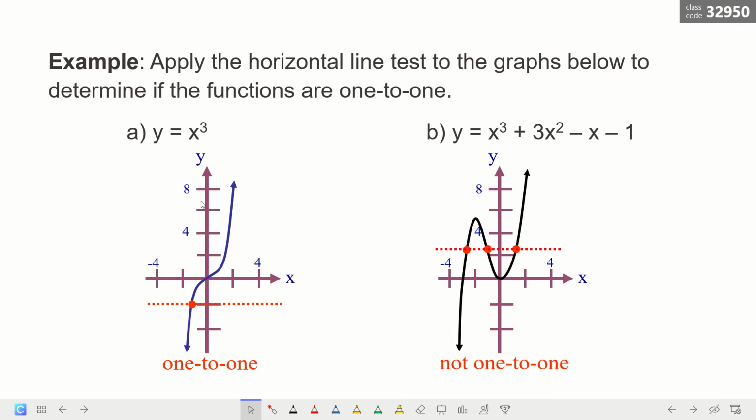So although they are both functions, they are not both one-to-one functions. Only A is one-to-one and B is not, because in our horizontal line test, we see that the graph is intersected at 3 points.